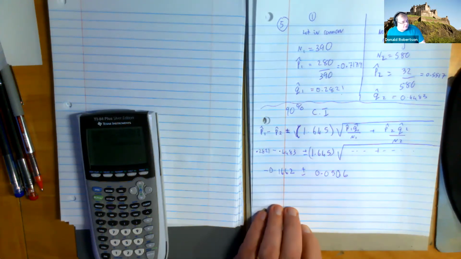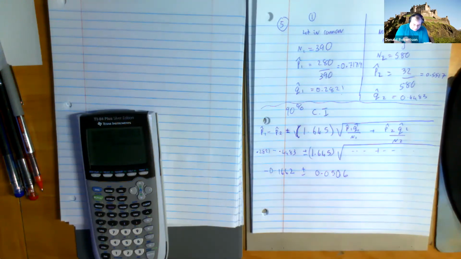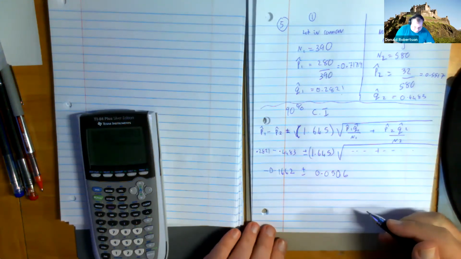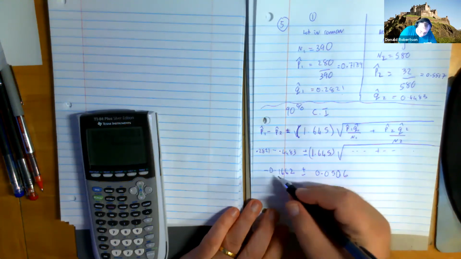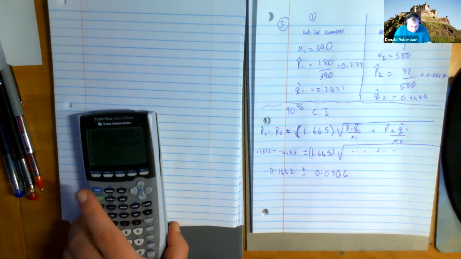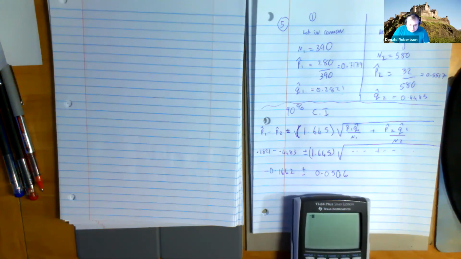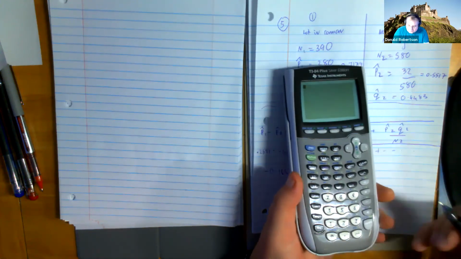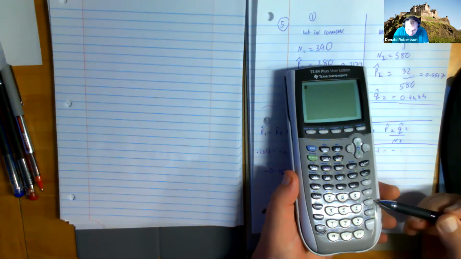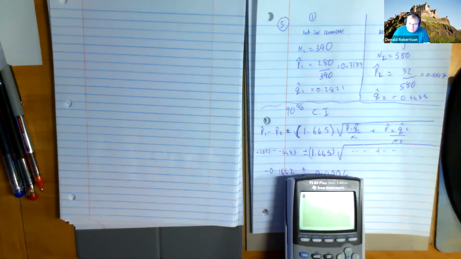Are we good so far? Right, so I got an upper and I got a lower. What am I going to do here? This value, take that value away, so I guess I should do that in the calculator. 0.1662, take away 0.0506. That doesn't look right. It's a negative number, that's why. So it's negative. Now let me show you that on the calculator. That's a negative. This is a subtract. They look very similar, but it's not the same thing.